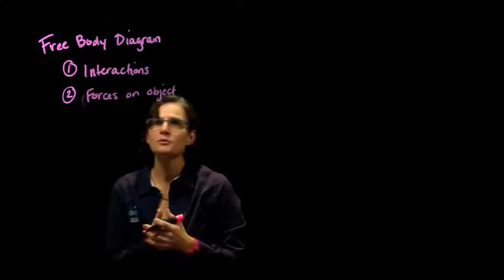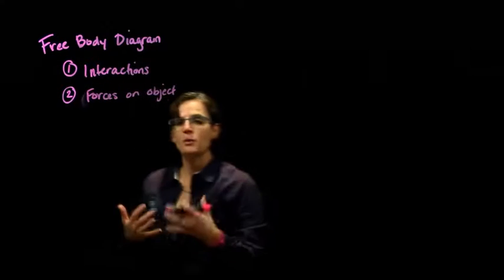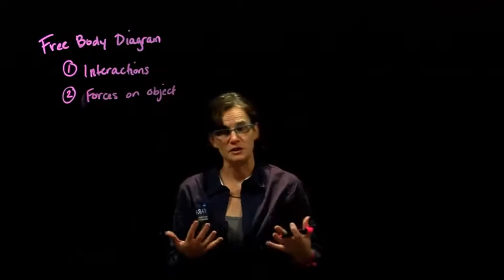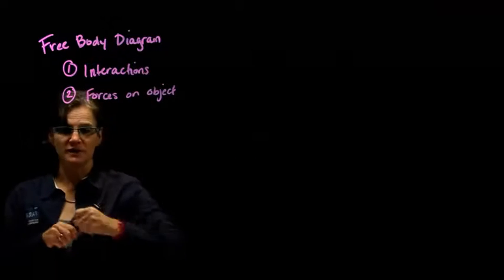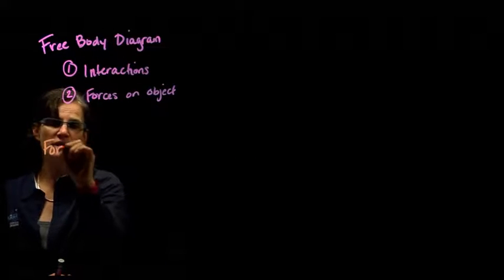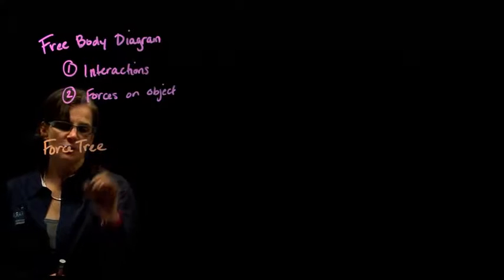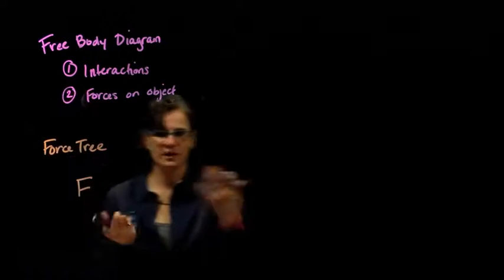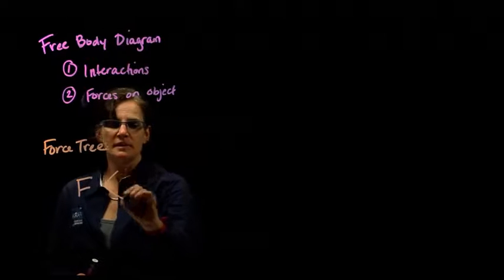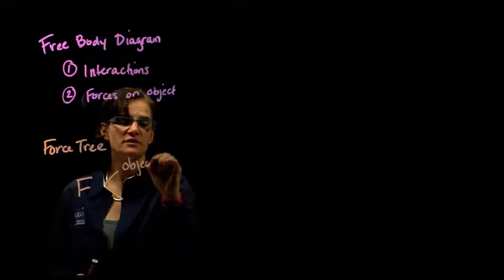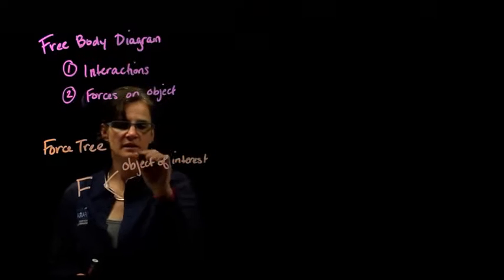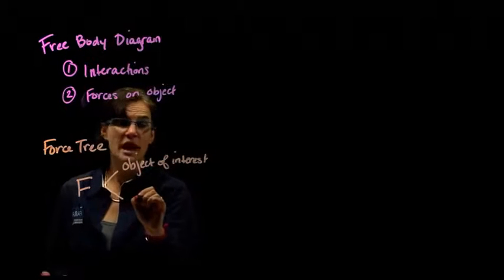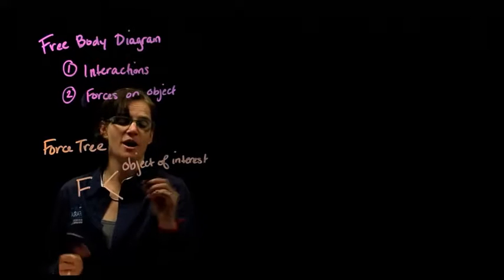Now, how do we identify those forces? Remember, we want to look at the interactions. So, whenever we identify a force that's acting on an object, we're going to call this our force tree. We're going to have that force, whatever that force may be, and it is between the object of interest and whatever the other acting object is.